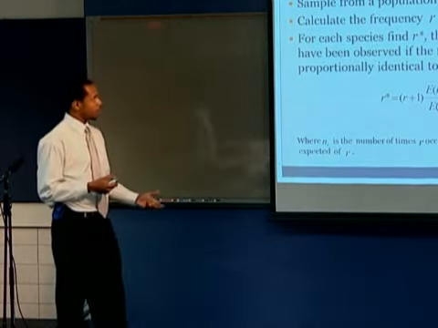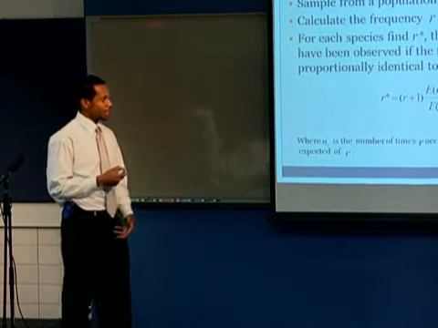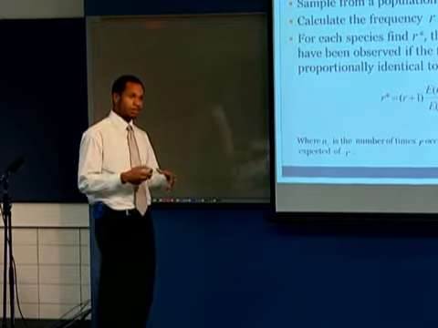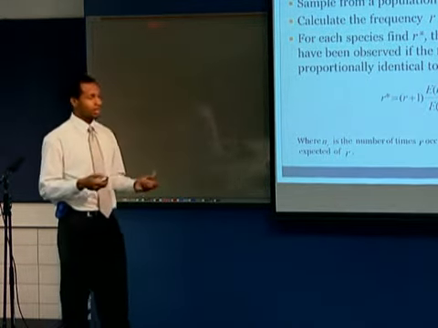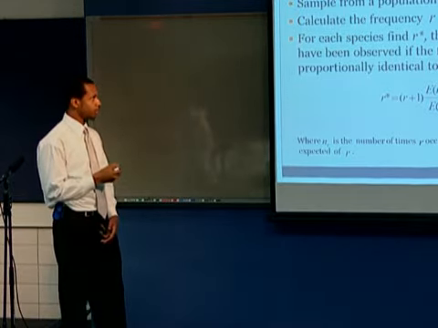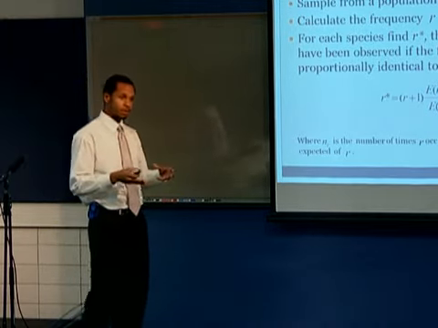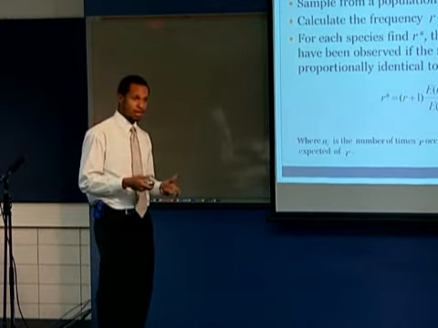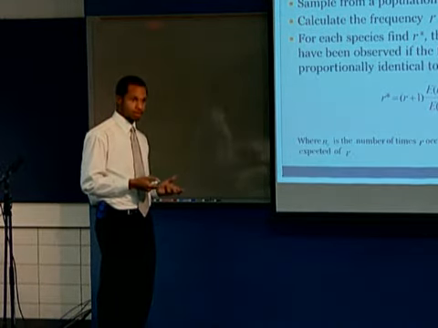And so this is how it works. The procedure is you take a sample from a population, and within this population, each species will have a frequency r corresponding to it. The objective of Good-Turing frequency estimation is to estimate r star. r star is the frequency of a particular species which you would have seen if the sample were identically proportional to the population.